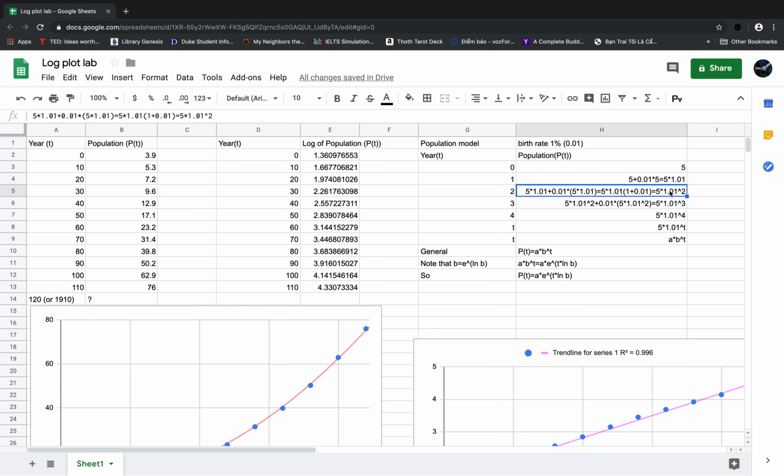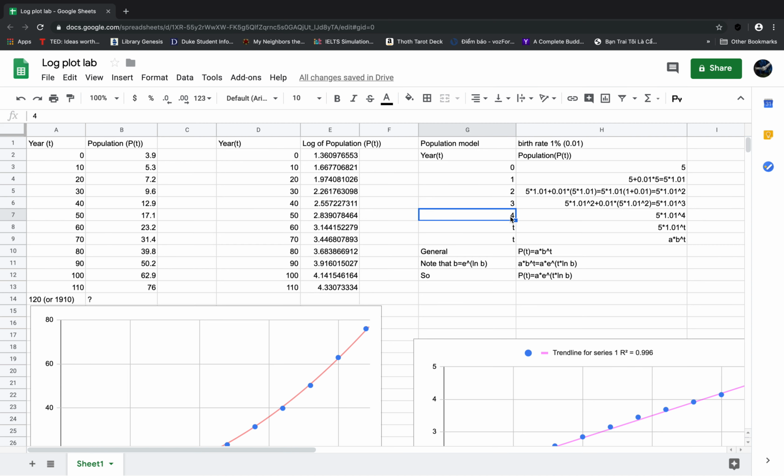So that's at the end of the second year. When we enter the third year, 5 multiplied by 1.01 squared will be the population. And after the end of the third year, we'll have to add 1% of that. So as we calculate here, it's 5 multiplied by 1.01 cubed.